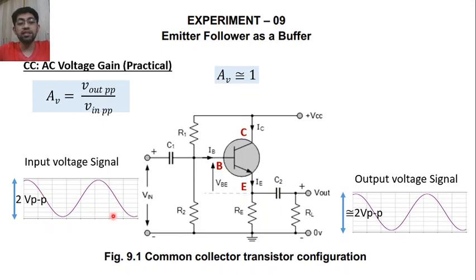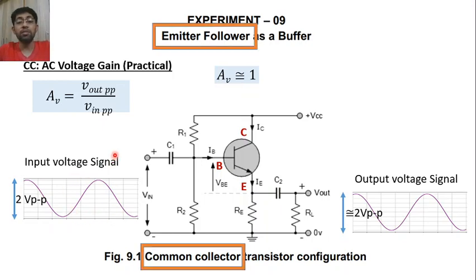So in that sense, another name of this circuit is emitter follower. Yes, emitter follower, because output voltage is following the input voltage. So in that sense it is follower, and since output is taken from emitter terminal, this is emitter follower. This is another name of this CC configuration.